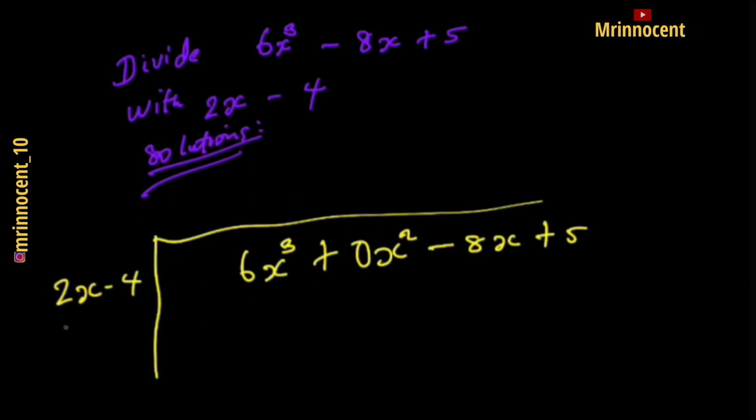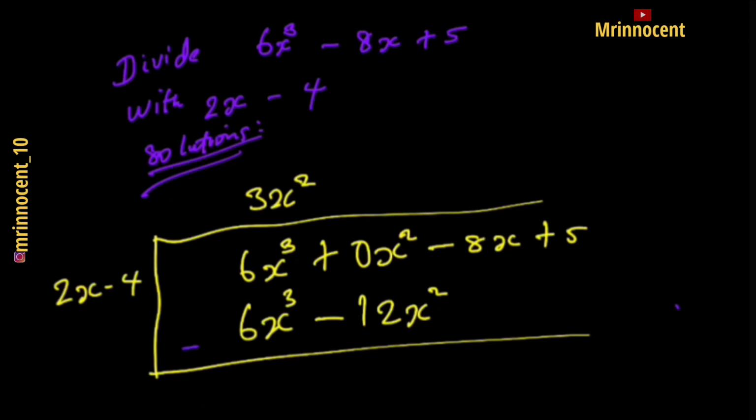So 2x divided by 6x power 3 is 3x power 2. 3x power 2 times 2x is 6x power 3. 3x power 2 times 4 is minus 12x power 2.